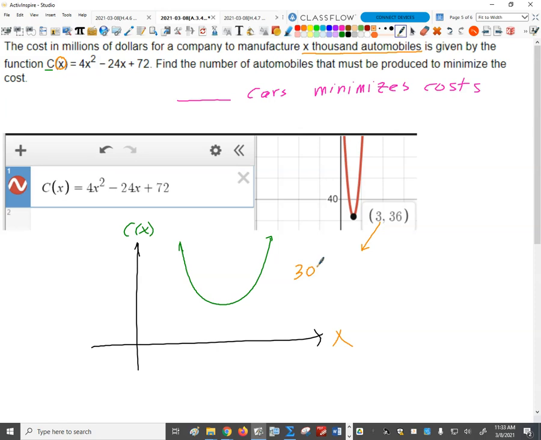So it's telling me that 3,000 cars minimizes cost. And what is my cost? My minimum cost is $36 million.